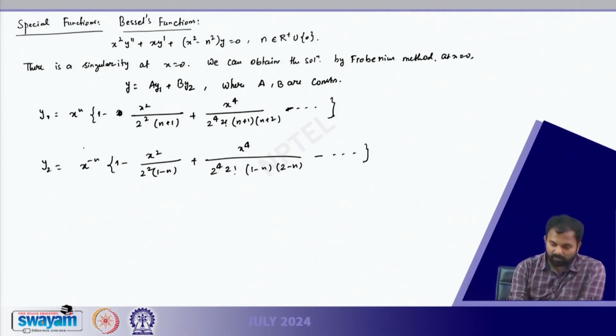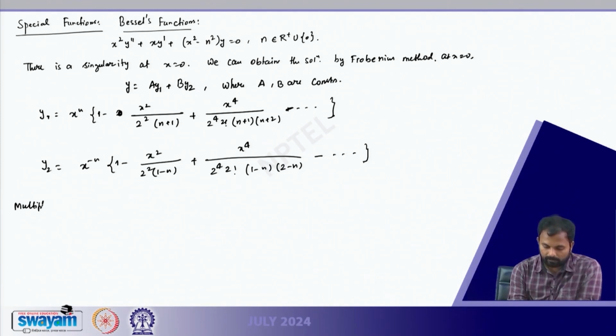So, we multiply y1 by 1 by 2 to the power n gamma (n plus 1).